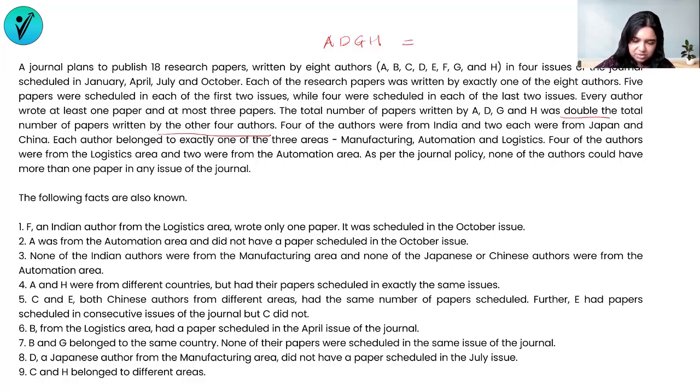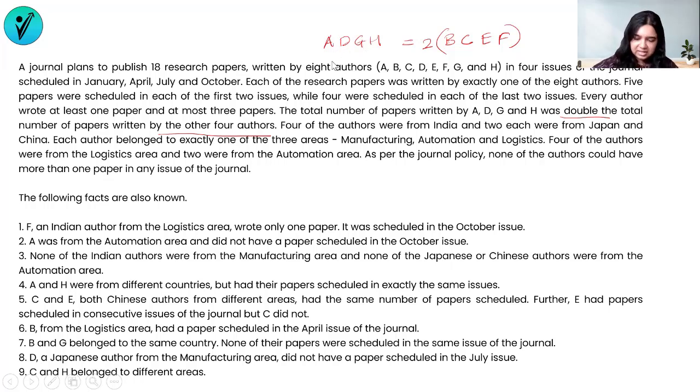Who are the other 4 authors that we are left with? We have B, C, E, and F. So A, D, G, and H have written twice the papers that B, C, E, and F have written. Now this takes care of all the 8 authors: A, B, C, D, E, F, G, and H. So all the authors are considered.